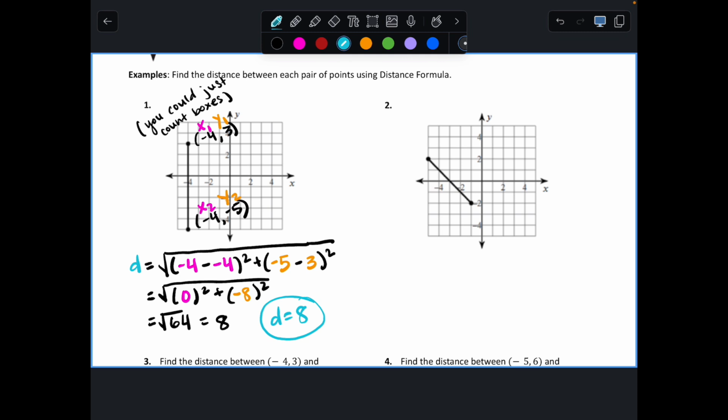Okay, number 2. This is a diagonal line, so we can't just count boxes with this one. Label the points.